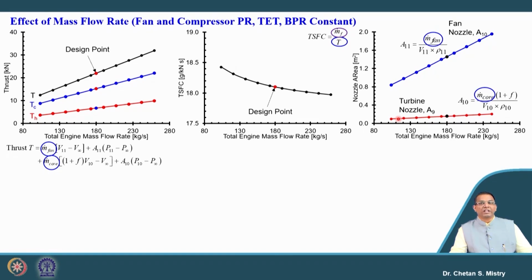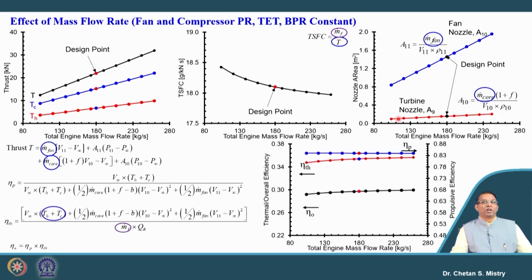So, when we are increasing our total mass flow rate, in order to handle that large mass flow rate, we need to have a larger area of the nozzle. And if we look, it has not much impact in terms of overall efficiency and thermal efficiency. Just be careful what it says, what number we are configuring.